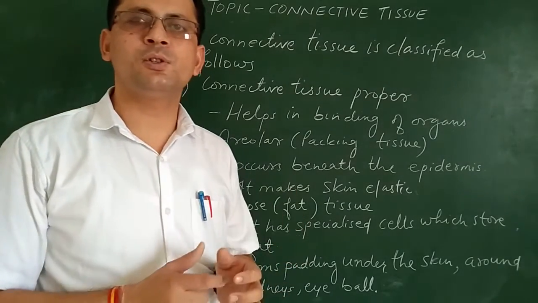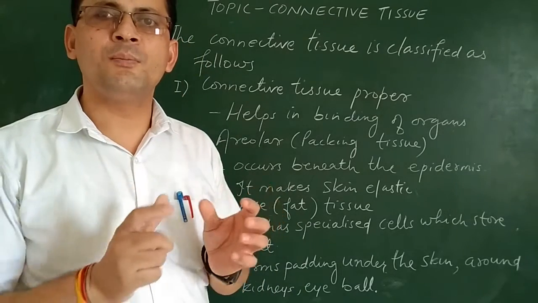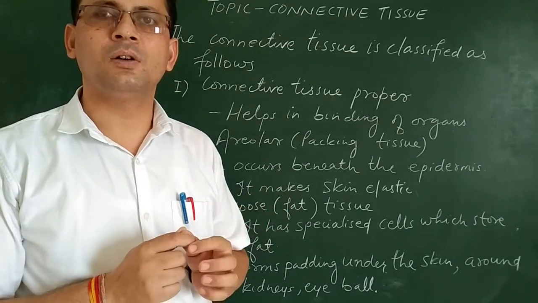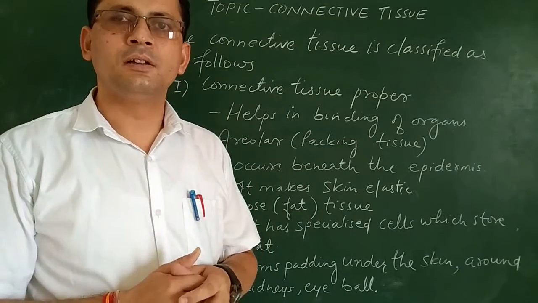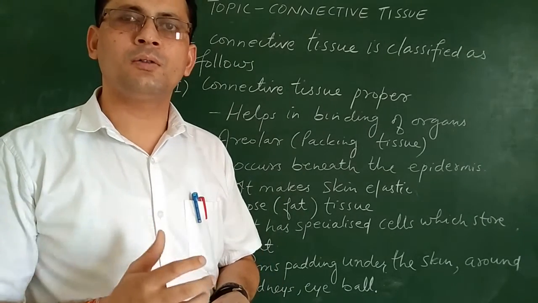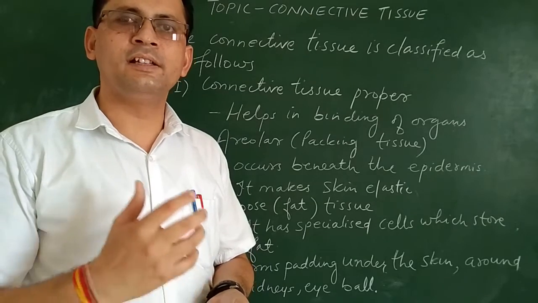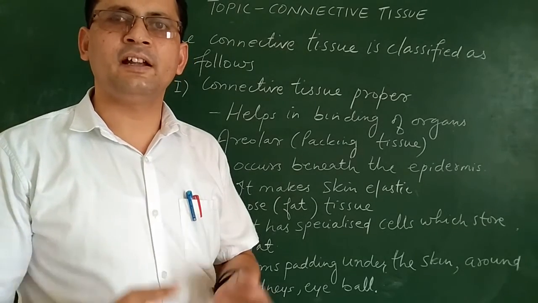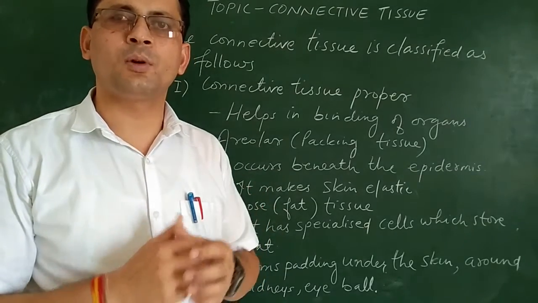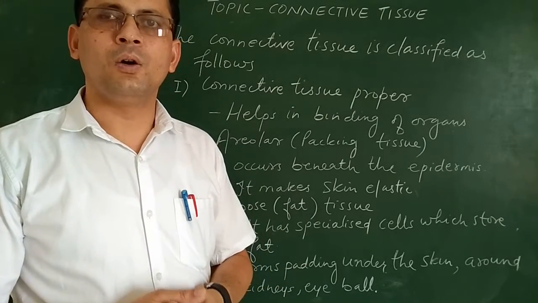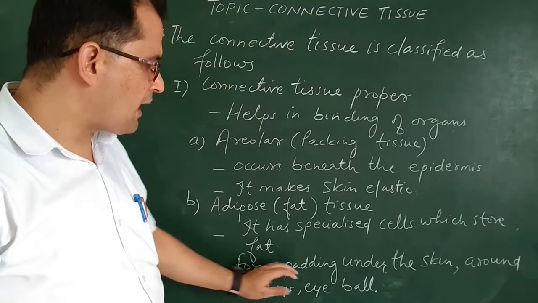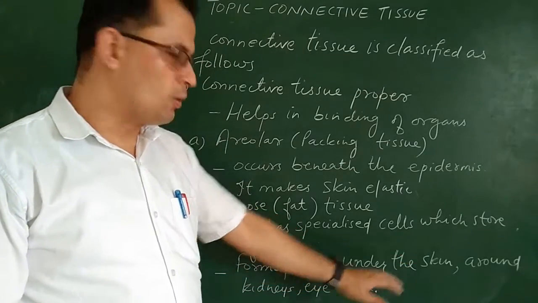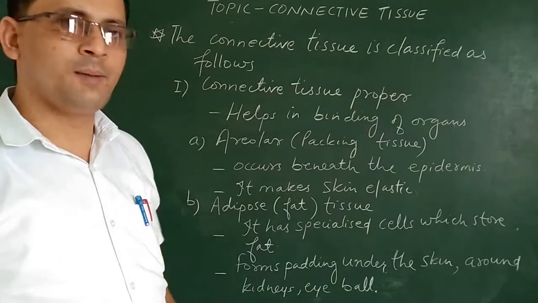It forms padding around the organs, also around the kidneys and our eyeballs. When the body gets a shock, this padding of fat absorbs the shock and protects the organ. You can see here it is forming padding under the skin, around kidneys and eyeball.